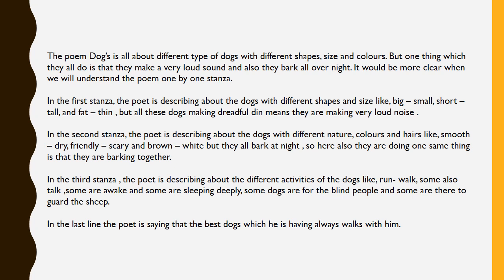Some dogs are for the blind people, and some are there to guard the sheep. Children, in the last line, the poet is saying that the best dog which he has always walks with him.